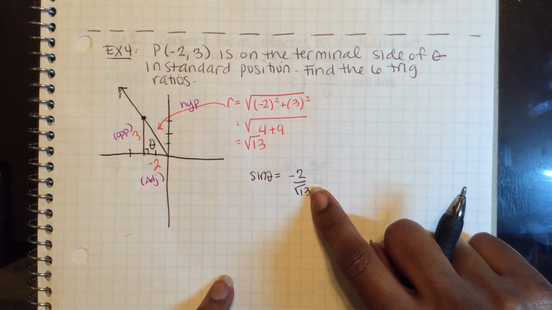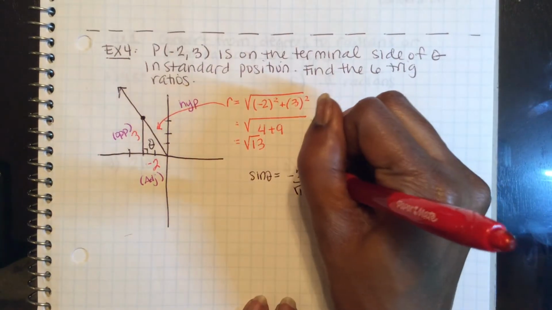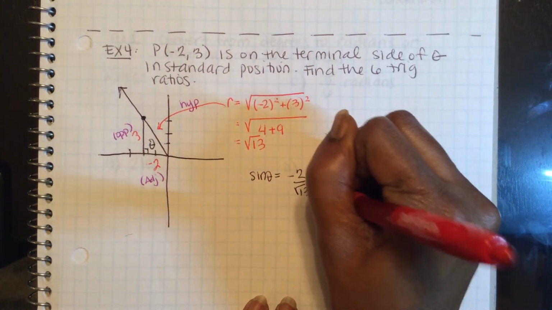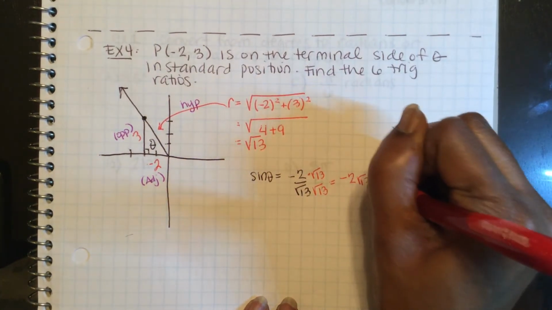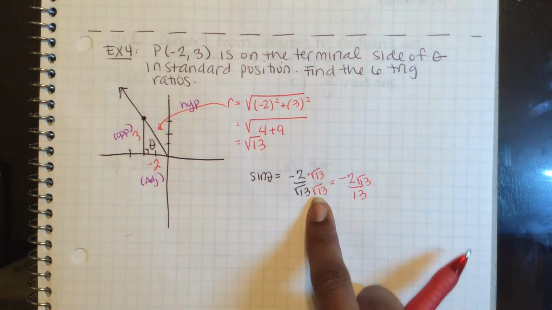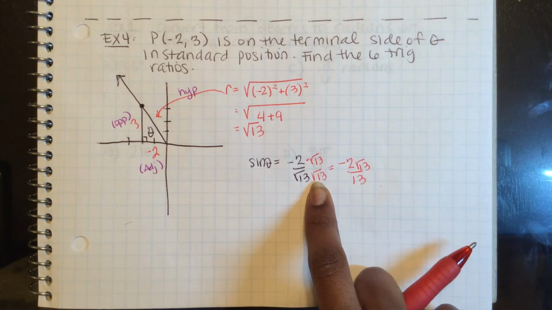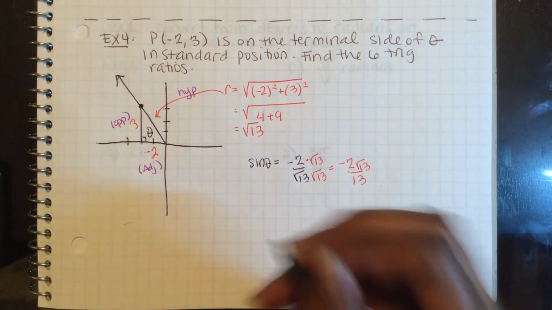I don't like this answer. I will rationalize the denominator by multiplying by square root of 13 on top and bottom. -2 square root 13 over 13. Now, if you don't remember how to rationalize the denominator, we will have a simplifying radicals review coming up shortly.